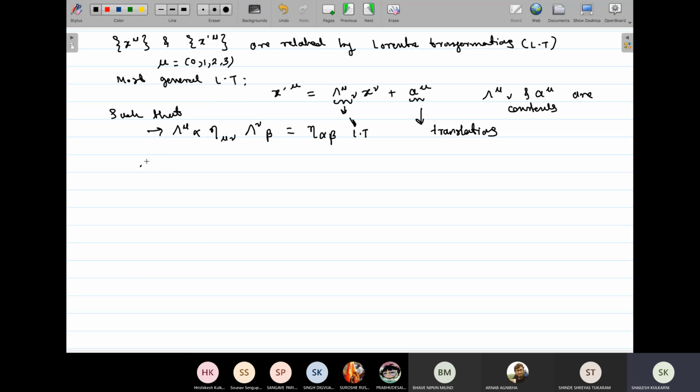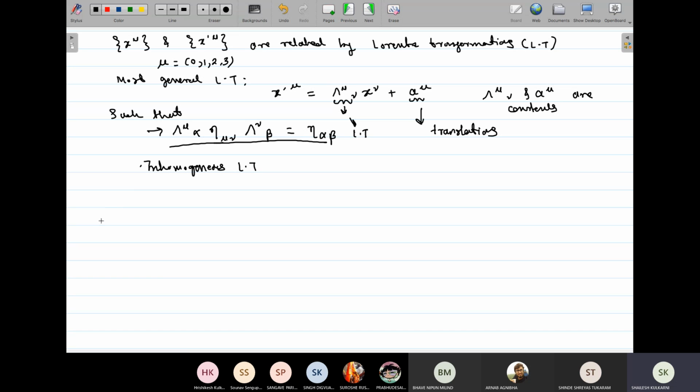When the a mus are zero, we have only lambda, and then we say it is a homogeneous Lorentz transformation. Now we'll see why this condition is required. What does this condition mean?